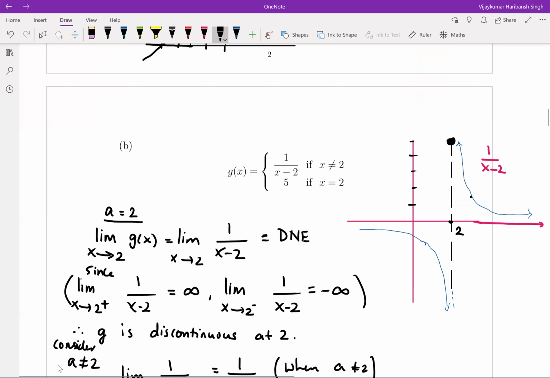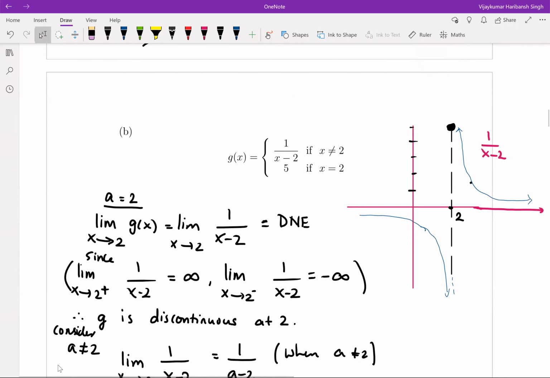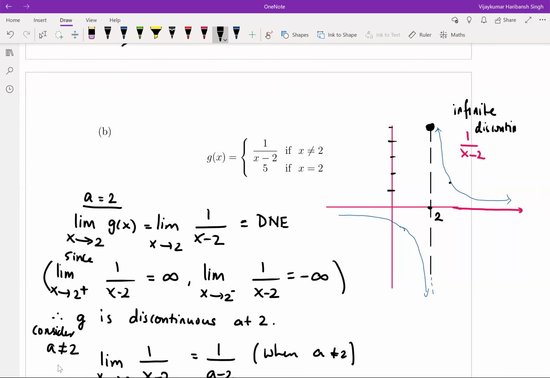So this kind of discontinuity is called an infinite discontinuity, because the function is going to infinity. Right? So this kind of discontinuity cannot be fixed.